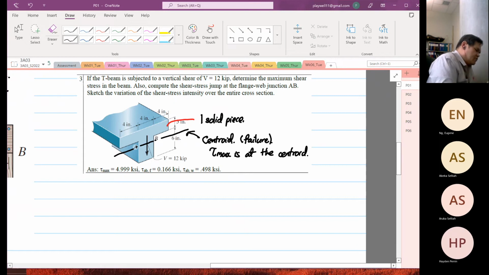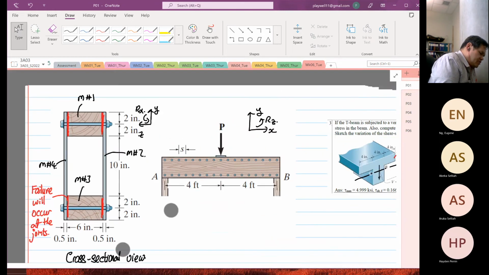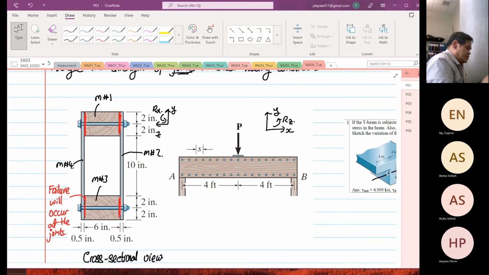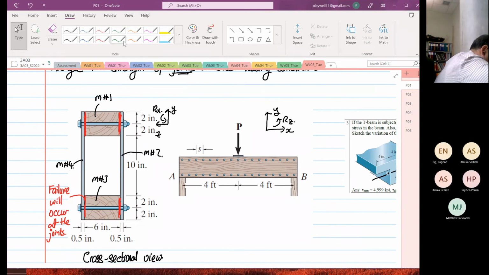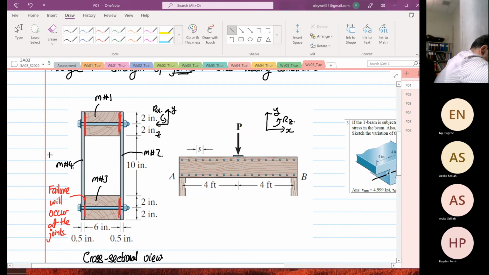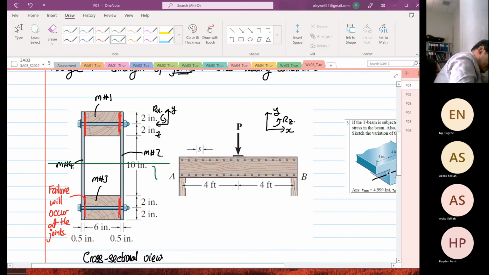Now, if you look at the structure that we have today, there's no dispute that tau max will also occur at the centroid. So this is where our centroid is, and at the centroid is where tau max will occur.